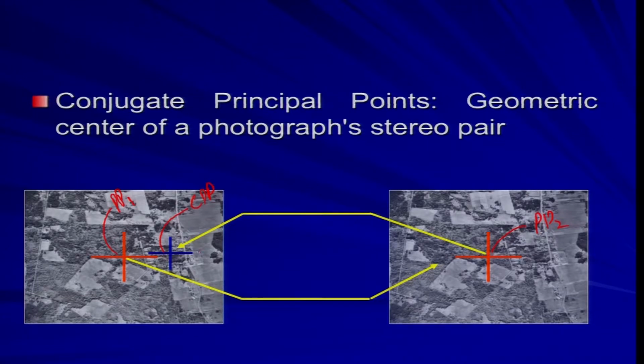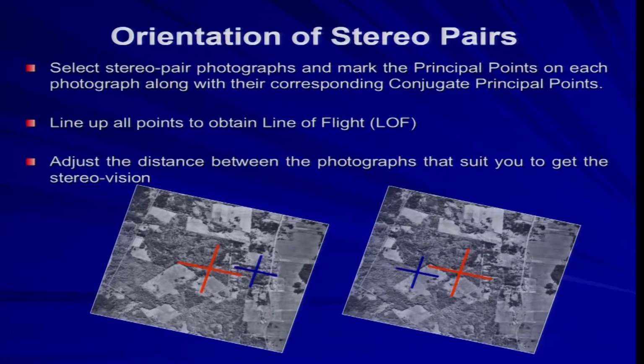So, this is a conjugate principal point for that photograph. Similarly, you can do here. Connecting both, that is the stereo pair photographs, mark the principal point on each photograph along with their corresponding conjugate points.